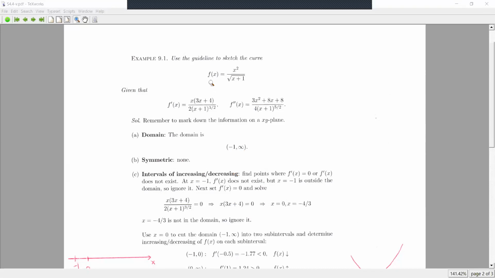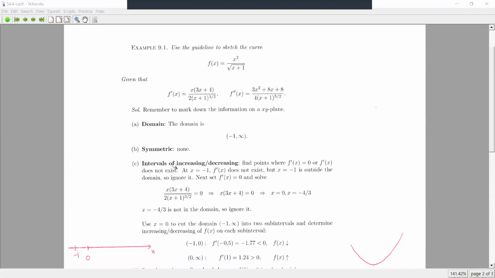Because the domain of this function is not symmetric about 0, the function must be not an even function, not an odd function. So low symmetry, then we can exploit about this function.